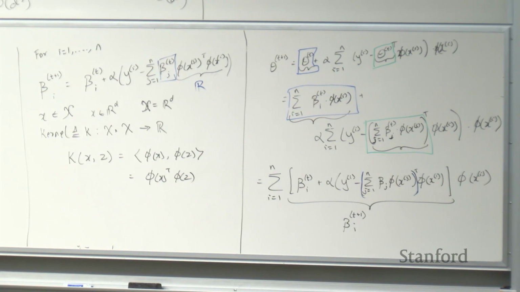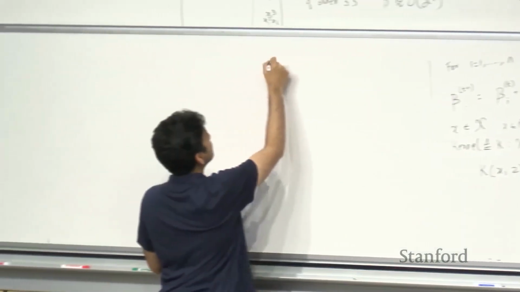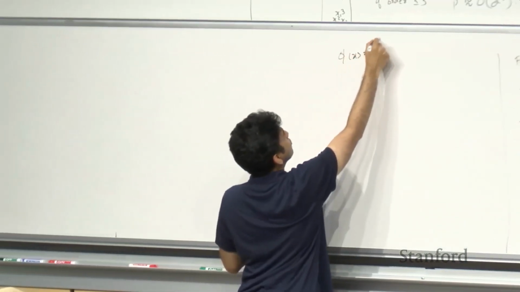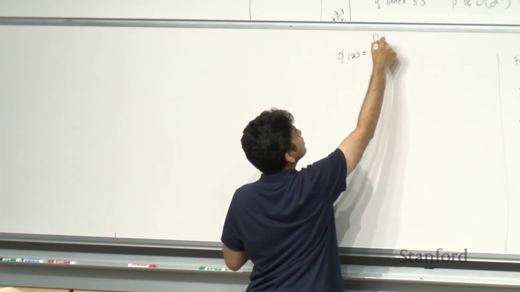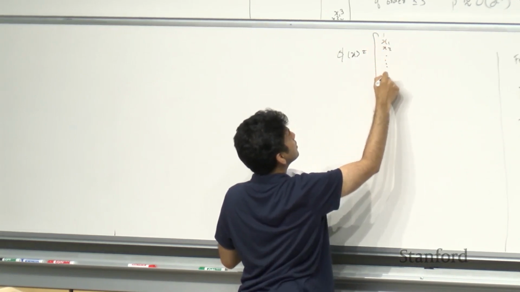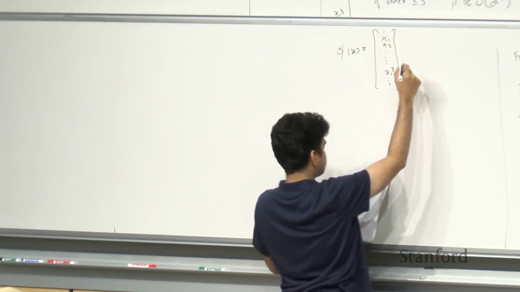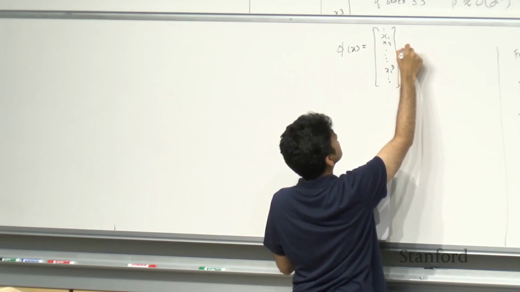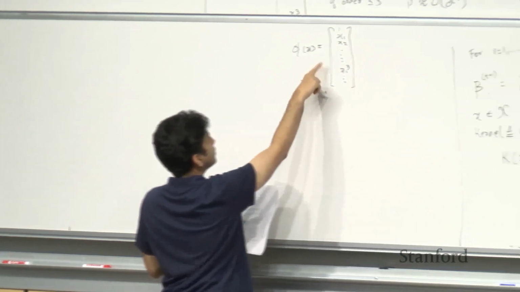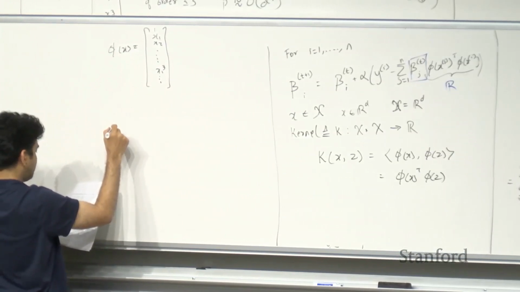And for the example that we saw here, where phi of x is the set of all monomials up to order 3: x, x1, x2, etc., x1 cubed. This feature vector has a corresponding kernel.